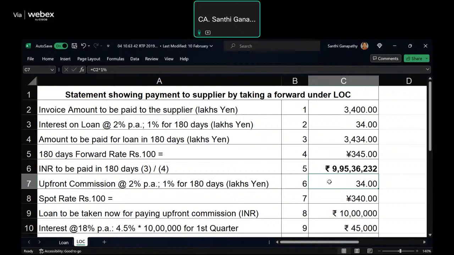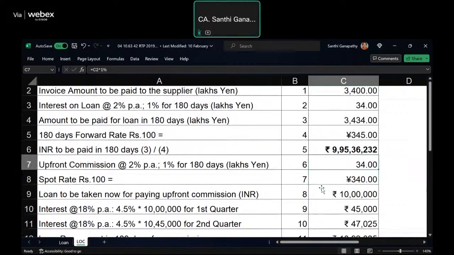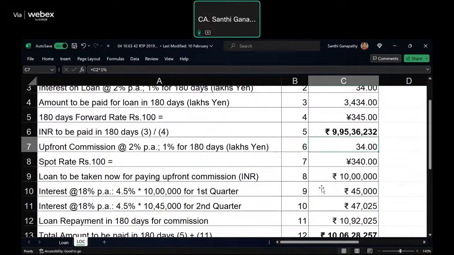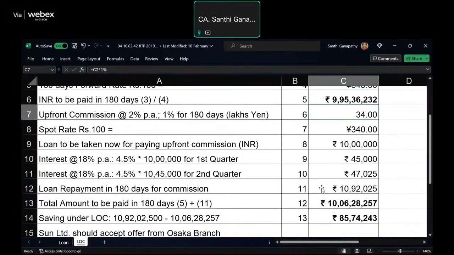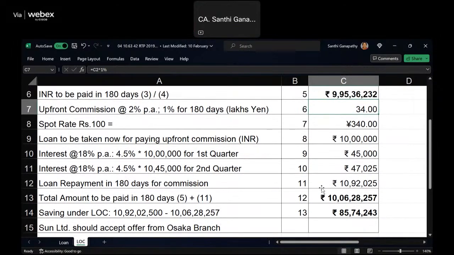The upfront commission, we need to take a loan, and that along with interest. Again, this interest also will be quarterly rests. So what is the total amount to be paid? There you had 1092, whereas here it's only 1006. So that's the saving.